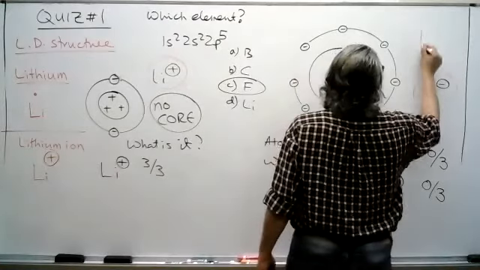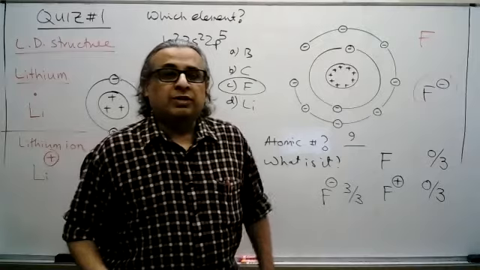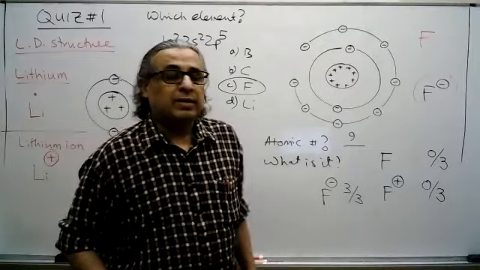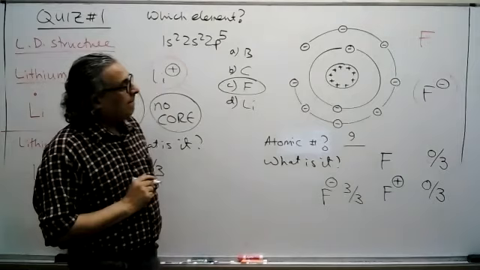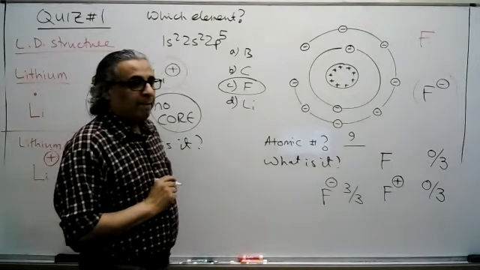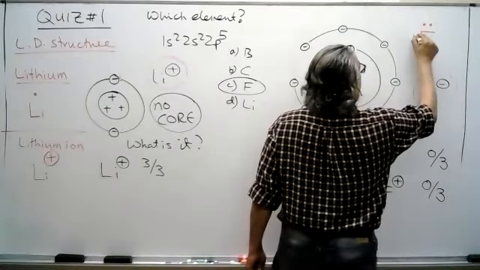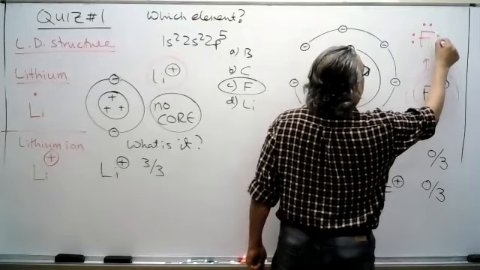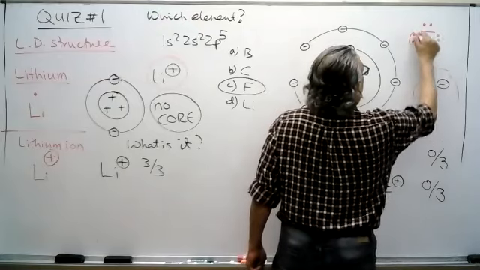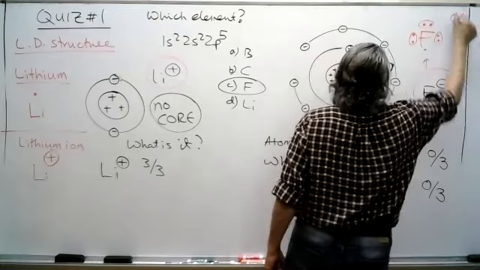Fluorine minus. How do we show its Lewis dot structure? How many electrons around it? I'm guessing 7. 7. This guy, okay? If you do F minus for that, you get 0 out of 3.